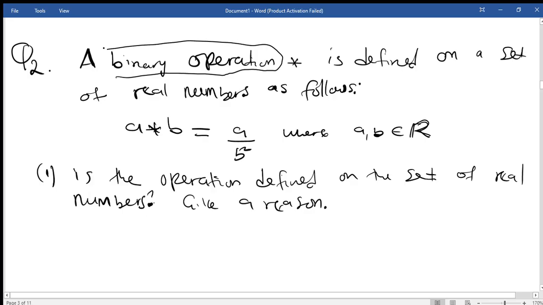That's what it means. And we know when it comes to operations, obviously we're talking about summation, multiplication, division, addition, those things. So when we're performing those operations, according to binary operation, we're being told we can only perform that operation using 2 terms at a go.